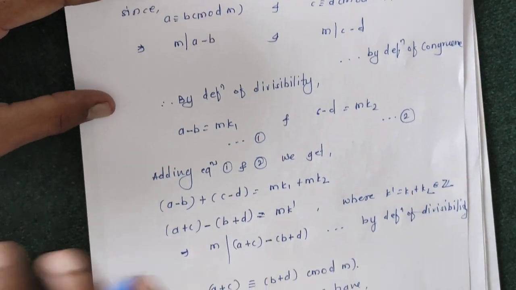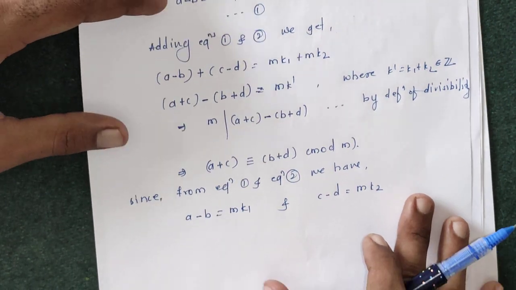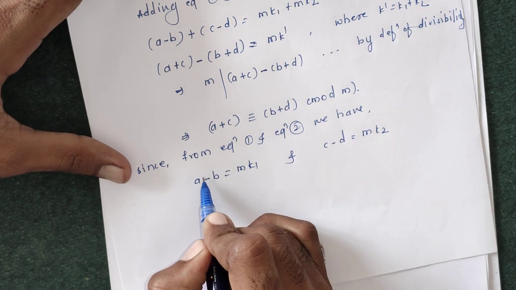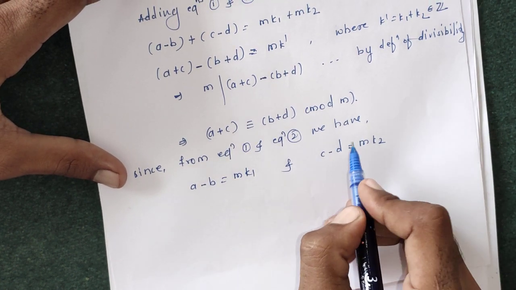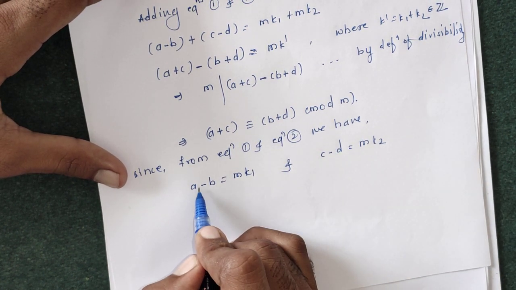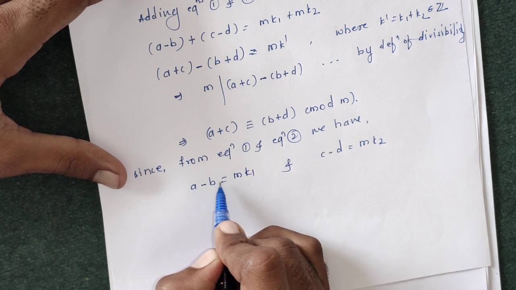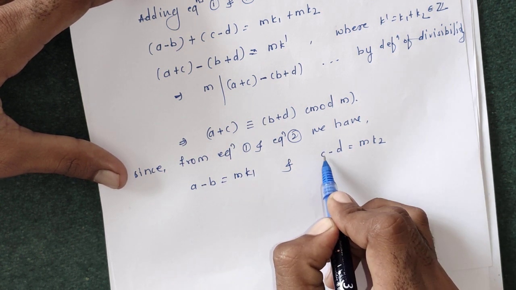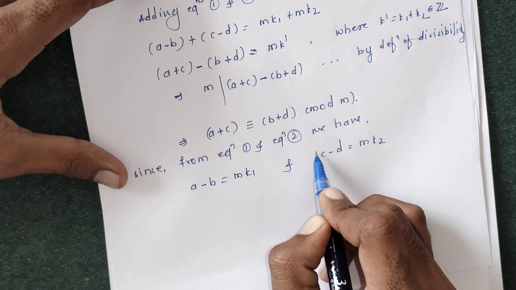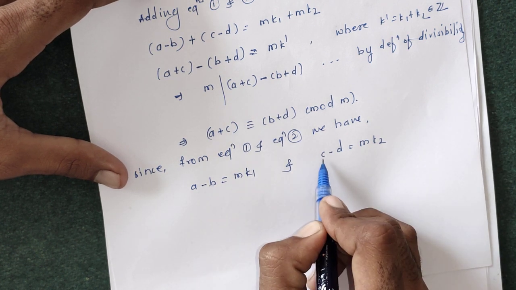To prove this, we can multiply by C here and B here. We get AC minus BC is equal to m C k1, and multiplying by B here we get BC minus BD, so minus BC plus BC is going to cancel.